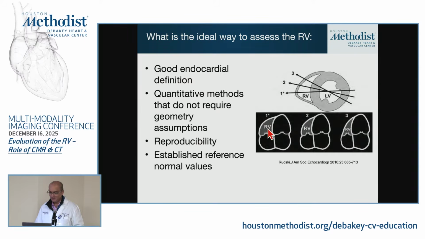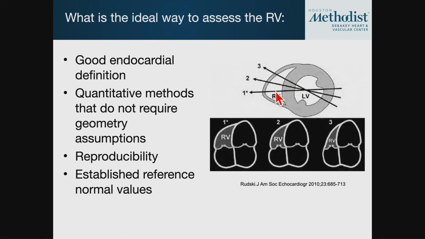Versus on the left-hand side at example 1, where you've done an imaging plane that goes through the maximum RV dimension, your two-dimensional view gives you a larger right ventricle. So you want to recognize that the size of the RV can be a little different, even in a four-chamber view, just based on the angulation that you have.